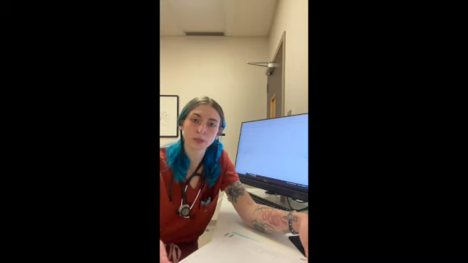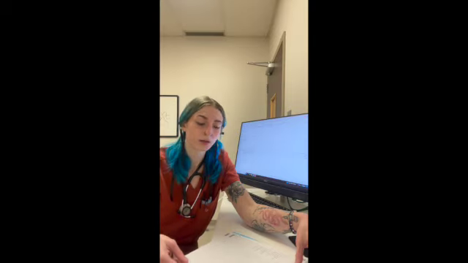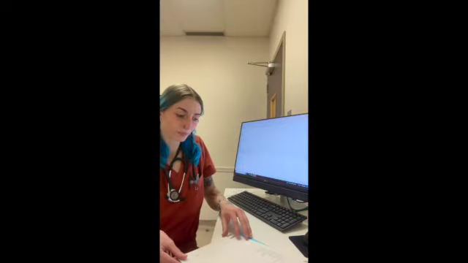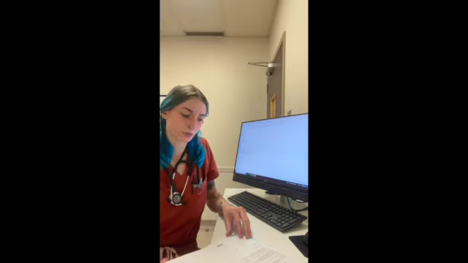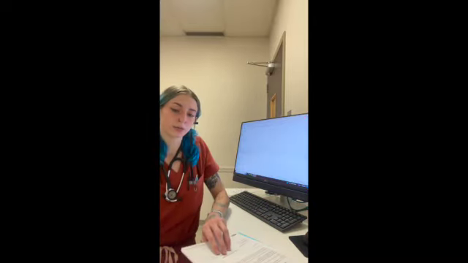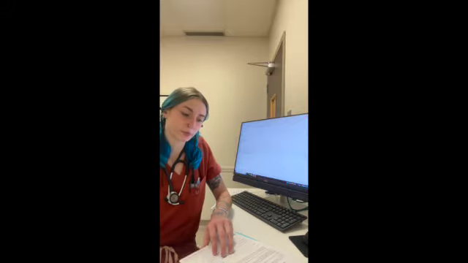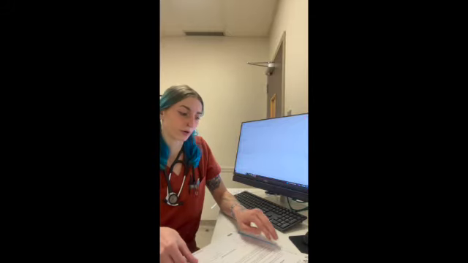But otherwise, this patient is healthy, is on monthly HeartGuard medication and flea and tick medication, and has not had any issues prior.